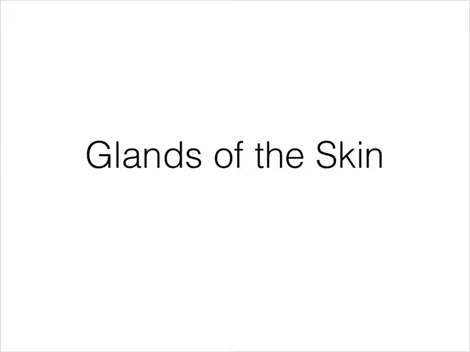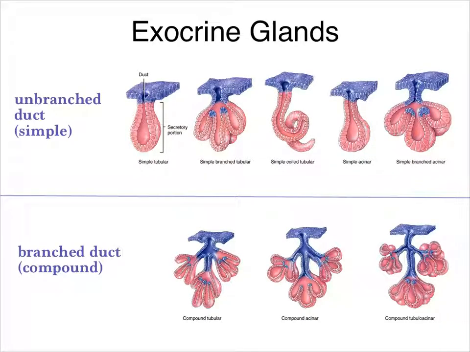There are several types of glands found in the skin that we're going to discuss here. Just to remind you guys, all of the glands found in the skin are exocrine glands. And remember that means the glands are going to secrete through a duct.